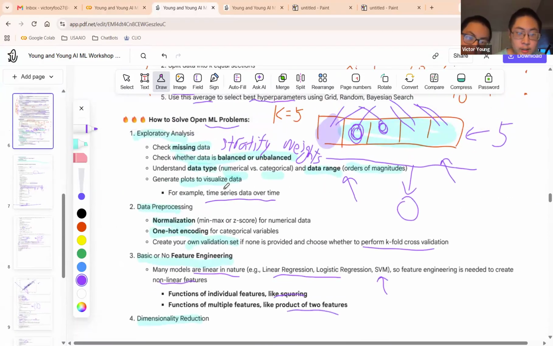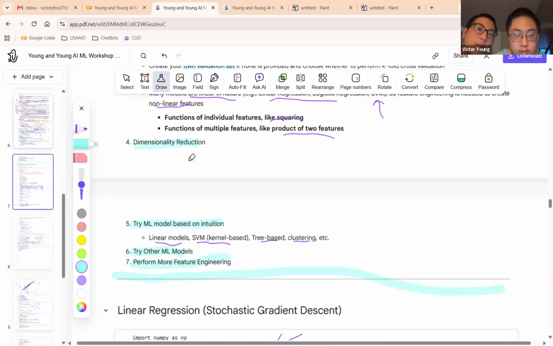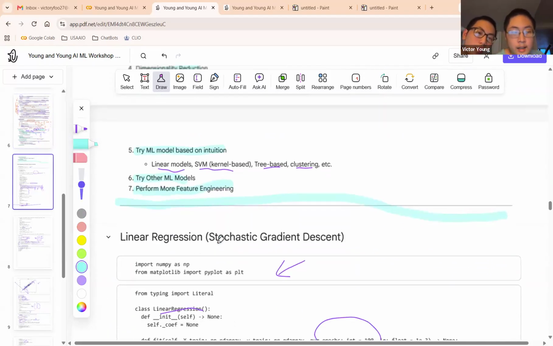We will select a random data set from the internet that you might use for our competition, and walk you through how to explore data, do data preprocessing, feature engineering, and dimensionality reduction. And then we will provide you with a big dictionary of all the common ML models and how to use them.